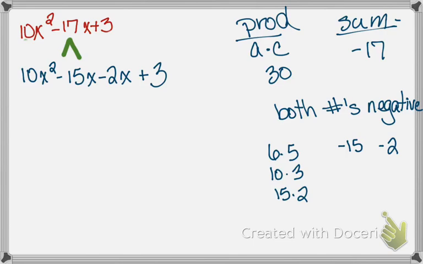So now, what comes out of the first two? I heard it. 5x. So I'm going to have 5x. 5x times 2x gives me 10x squared. 5x minus 3 gives me negative.